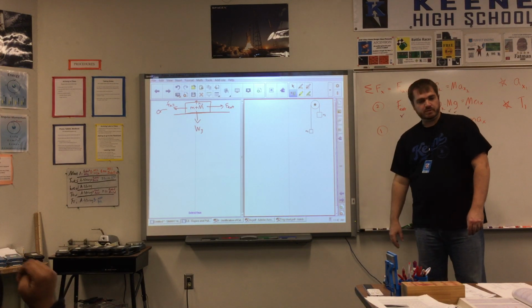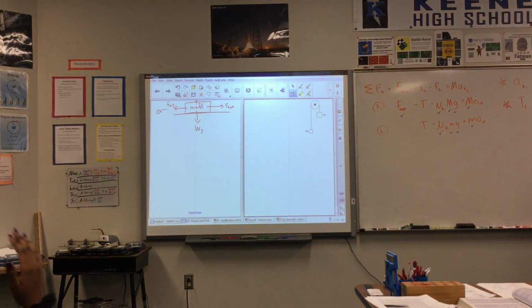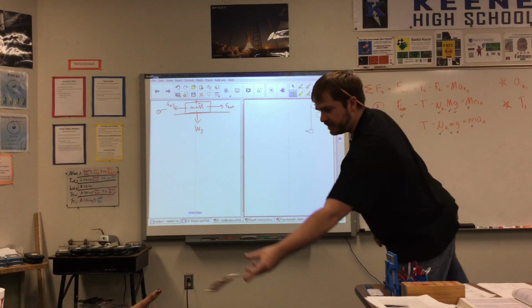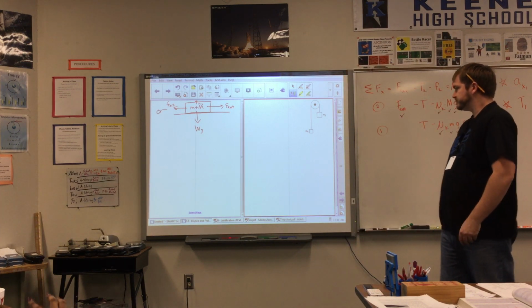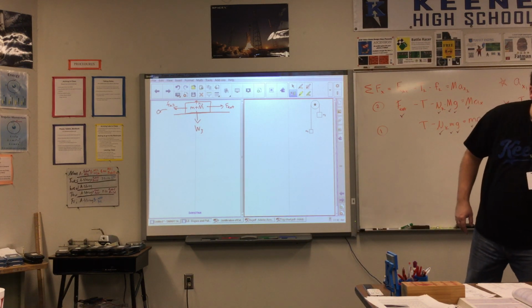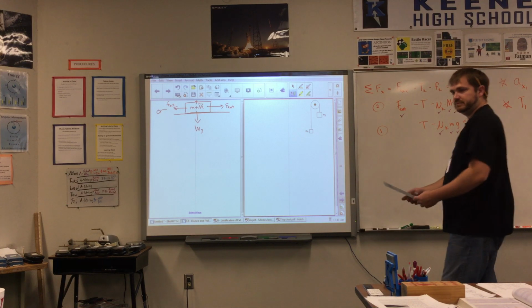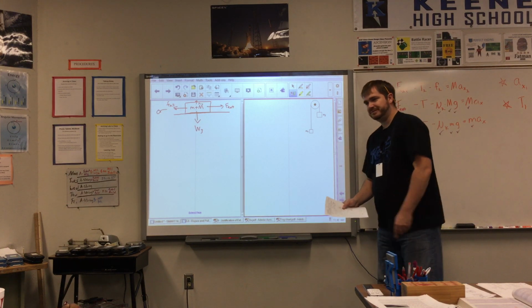All right, let's look at the pulley problem here. Pulley around here. Here you go. I'll have to take a pulley to play with, pass it around here. Oh, you want a string too? Yeah.